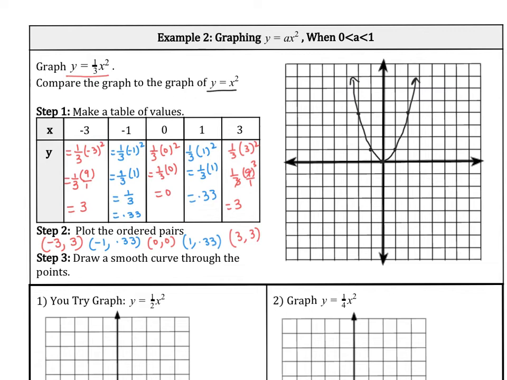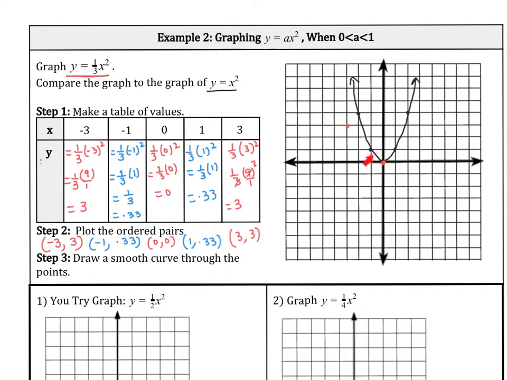My first point for this red graph is going to be -3 comma 3. So that is this, 1, 2, 3, -3 comma 3 is this point right here. -1 comma 0.33 is this point right here, and 0 comma 0 is this point. And then I don't have to plot these 2 points. I can just mirror these points on the other end.